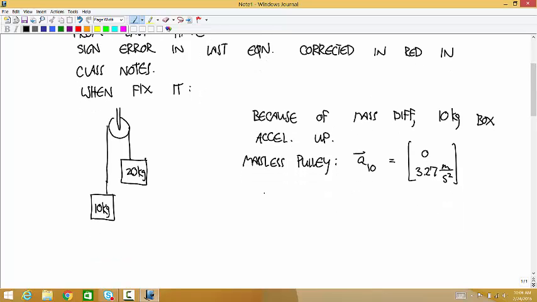If you have a mass, and what did I have the mass as? 1 kilogram? Is that right? And a radius of 0.05.